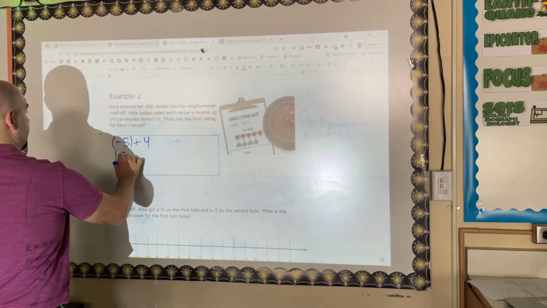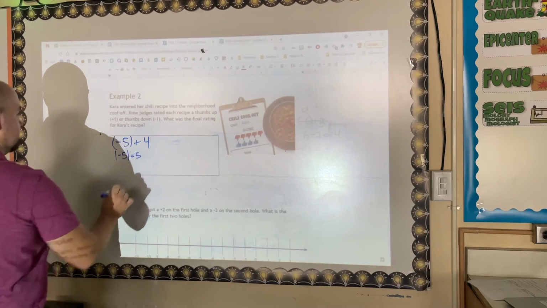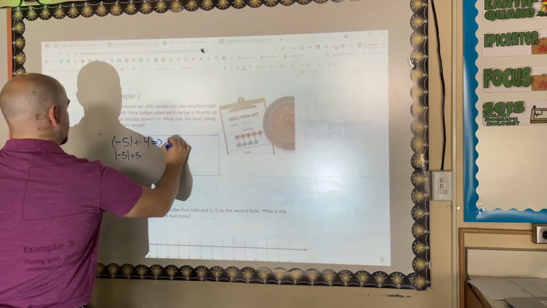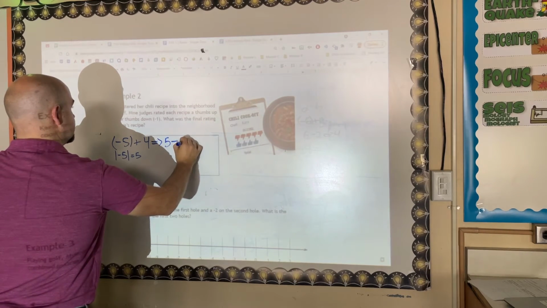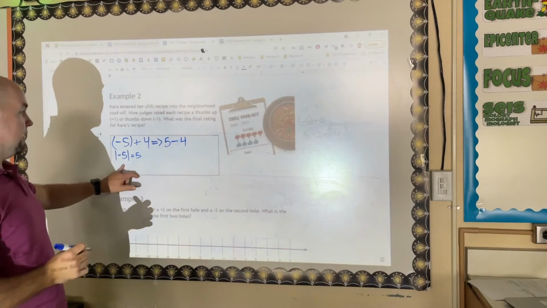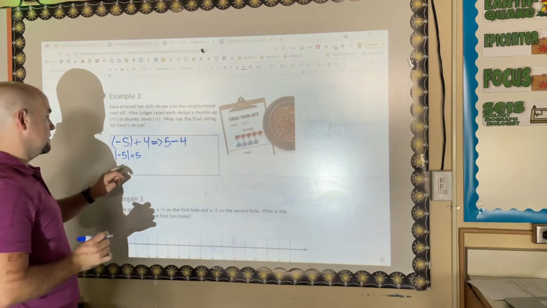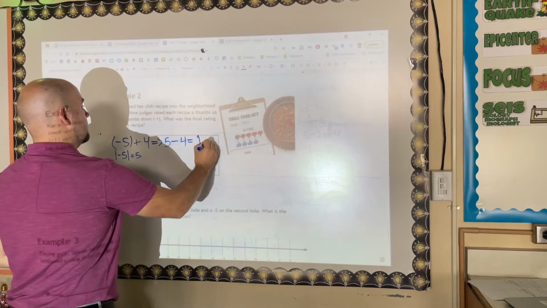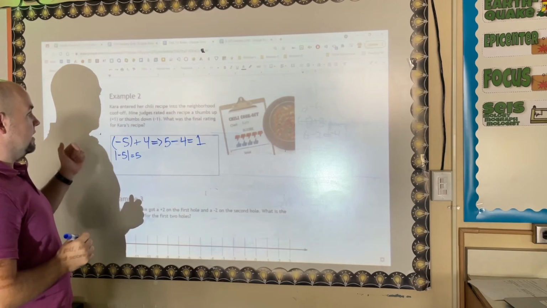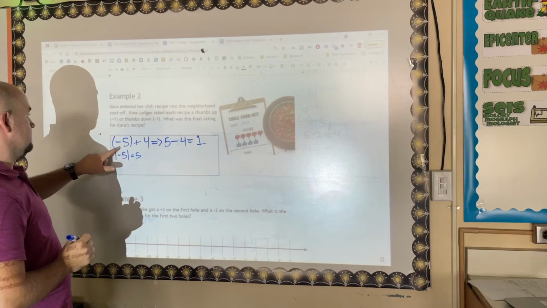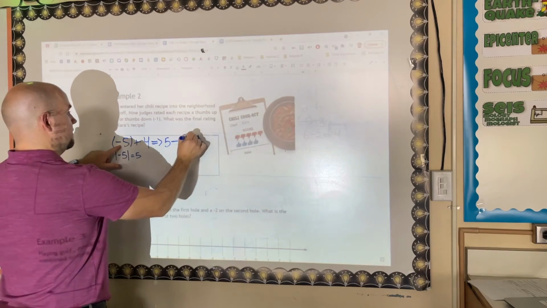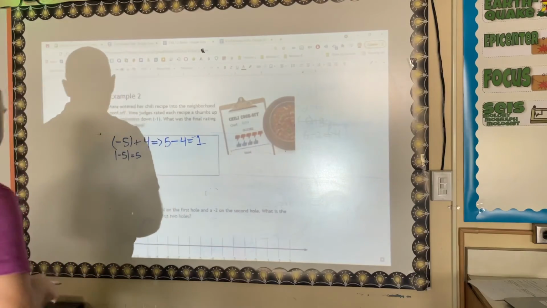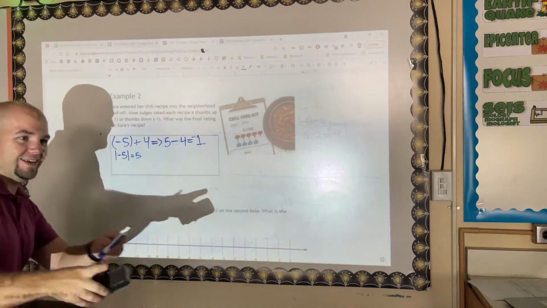Negative 5 becomes a 5. 5 minus 4 is 1. Take the sign of the larger one, so negative. So her overall score on her chili is in the negatives. She's got some spicing up to do there. Get it? Spicy chili.